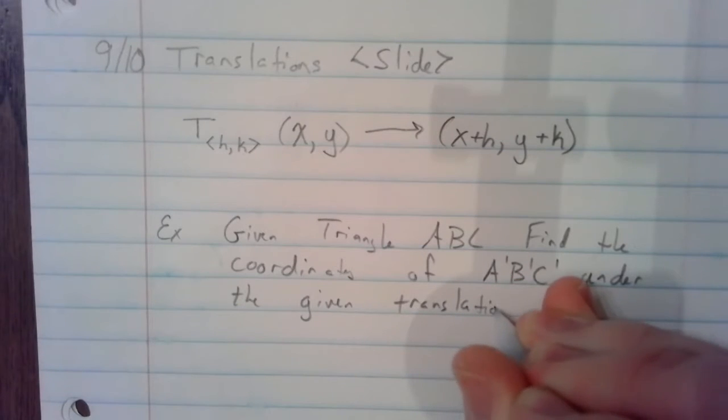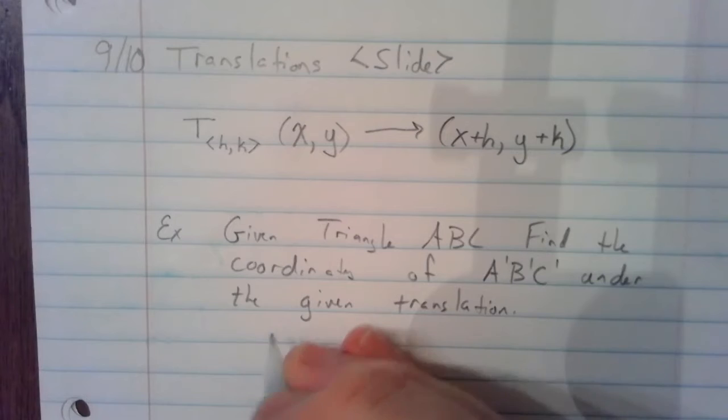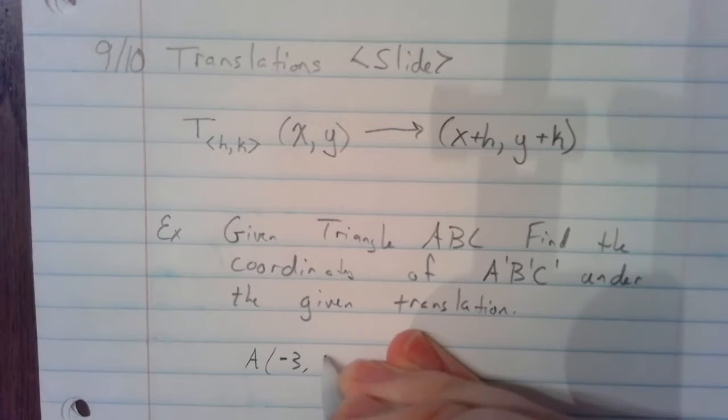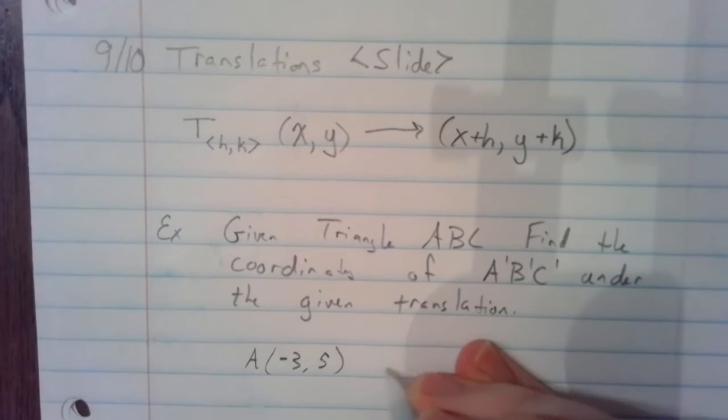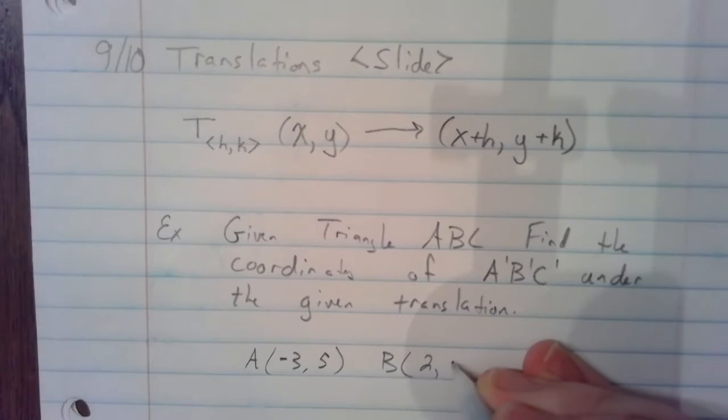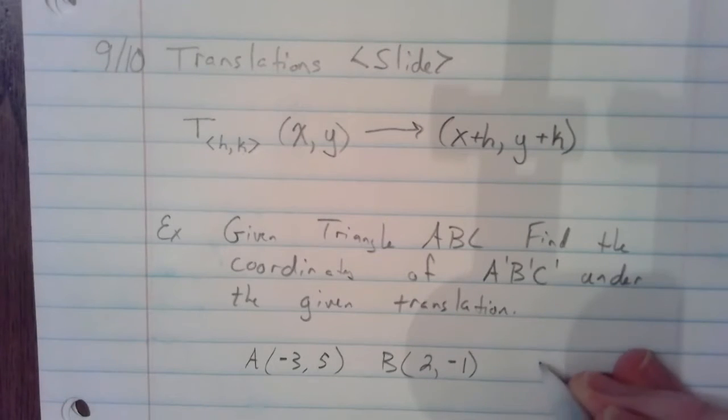Here they'll tell us that A has coordinates -3, 5, B has coordinates 2, -1, and C has coordinates -2, -4. Okay, so there's our triangle.